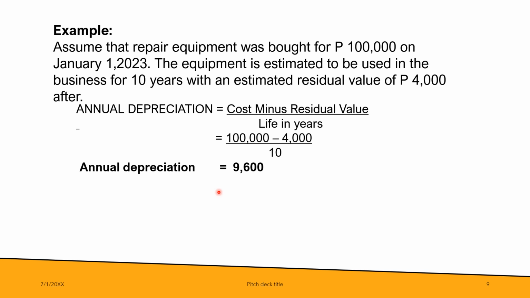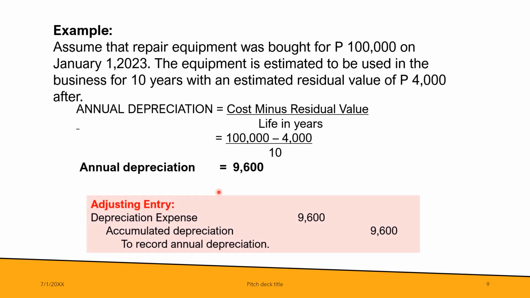How do you record it? You have to debit depreciation expense 9,600 and credit accumulated depreciation 9,600. In some businesses, this accumulated depreciation has additional words after it. The additional words pertain to the asset or non-current asset to which this accumulated depreciation relates.